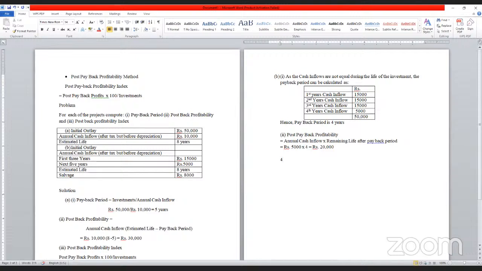Third one, post payback profitability index. Post payback profitability index is equal to post payback profits into 100 divided by investment. We'll take this formula as it is.